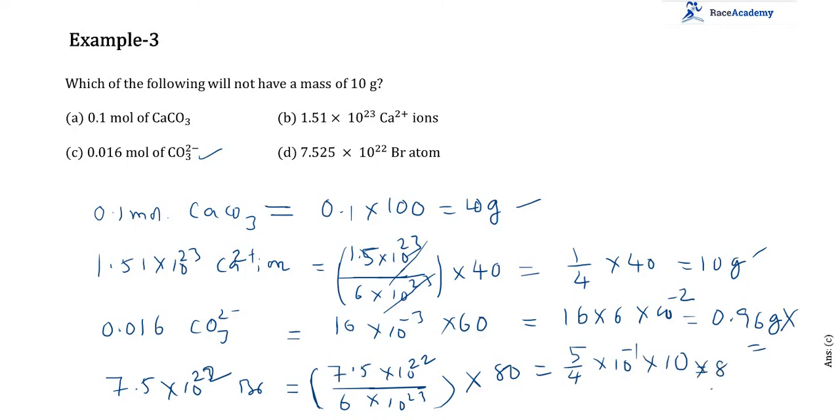So what is the total? It is 10 grams, because 10 power minus 1 into 10 is 1, and 5 by 4 into 8 is 10 grams. So among these four, we got the third option, carbonate 0.016 moles, which is not equal to 10 grams.